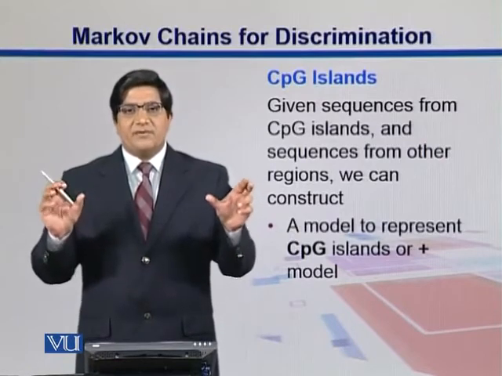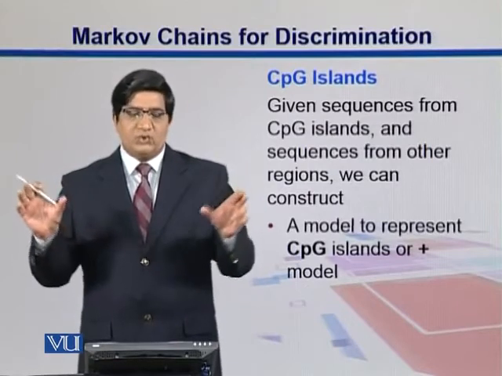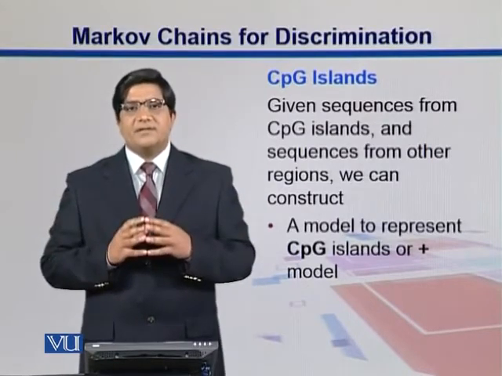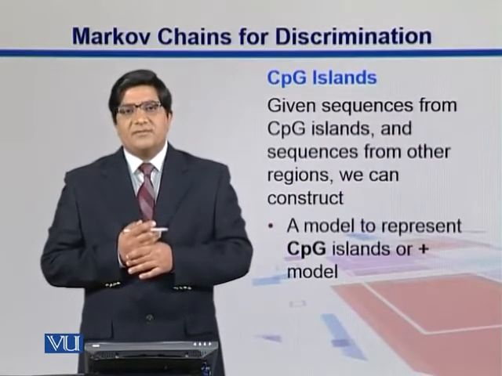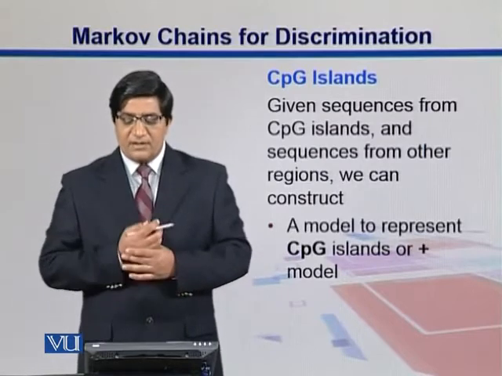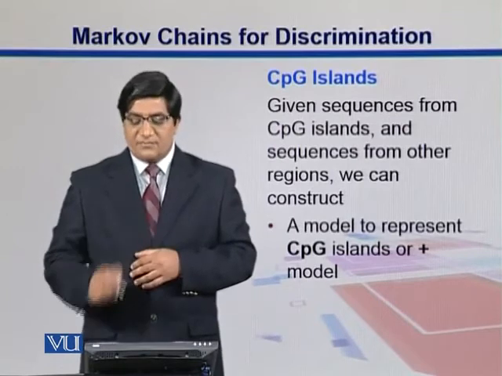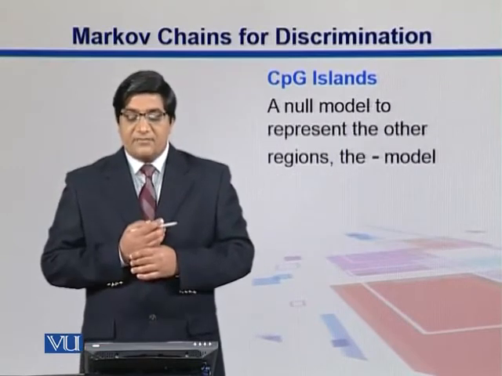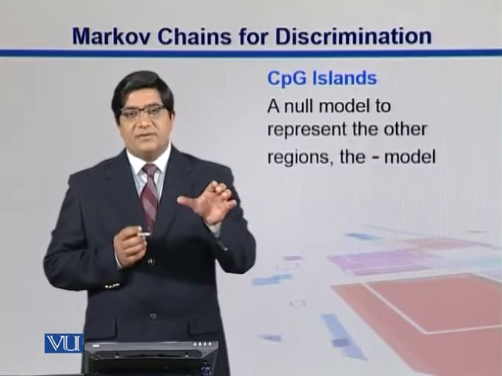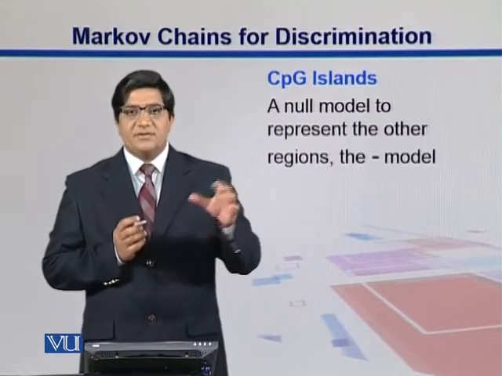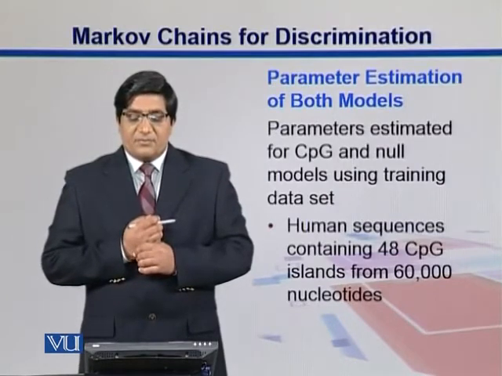We look at the frequency of C's followed by G's in both of them, and in the end we compare them and estimate whether we can find a gene or not. The model we make for CpG islands we call the plus model, and we also have an alternative or null model for comparison, where sequences come from non-CpG regions. That is the negative model.